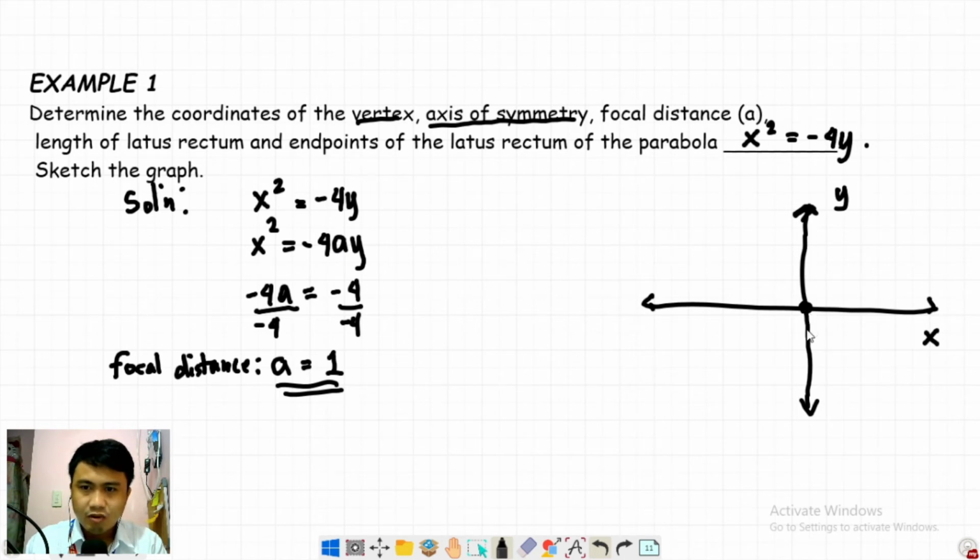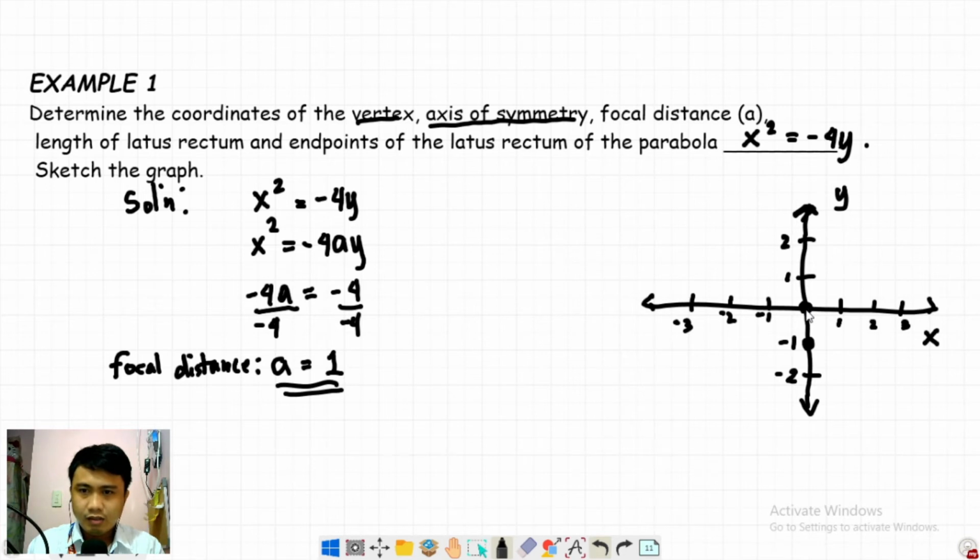Ang ating focus ay 1 unit at the vertex. Kapag gagawa natin ng mga values ang ating grid lines dito, this is 1, 2, 3, negative 1, negative 2, negative 3. So, ang ating vertex ay 0, 0.